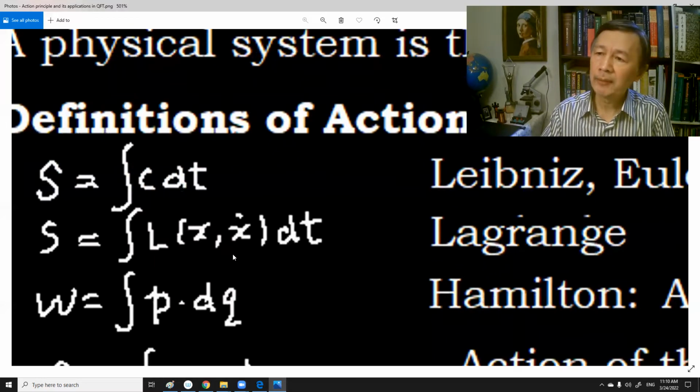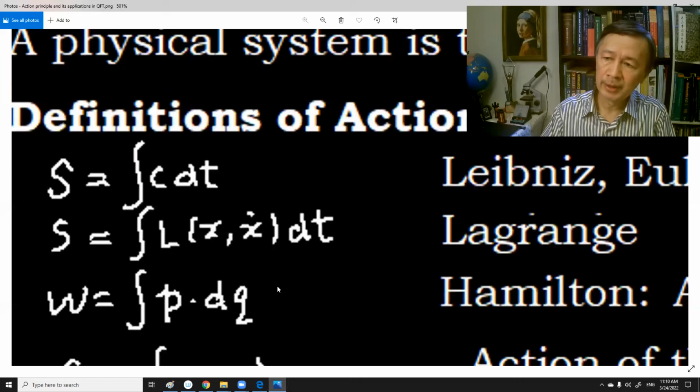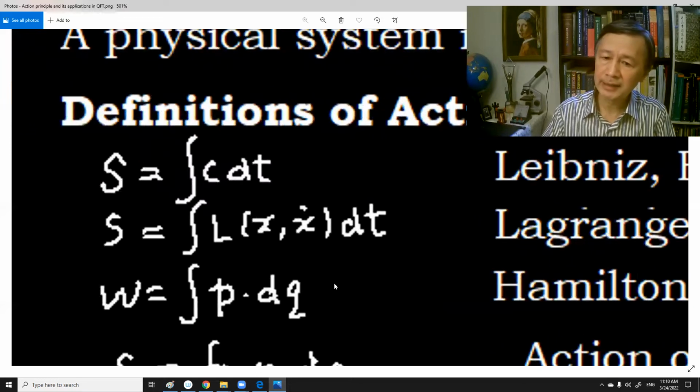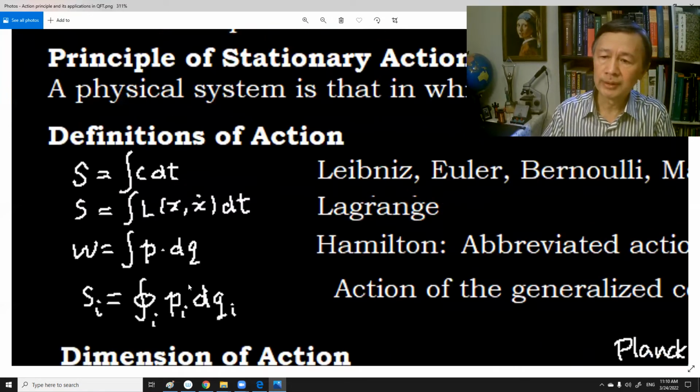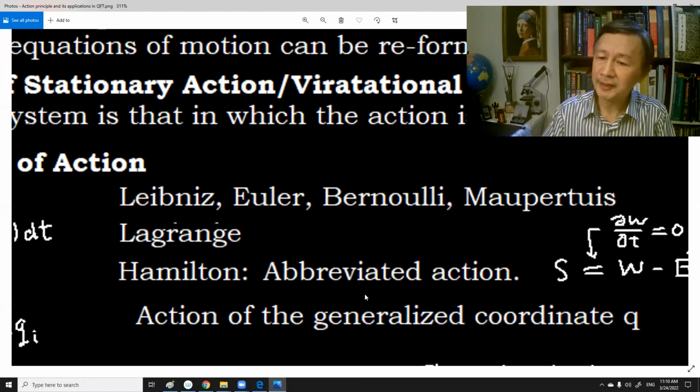Here we also mention another form of action: W equals the integral of the momentum p multiplied by the coordinate dq, which is called the abbreviated action by Hamilton.